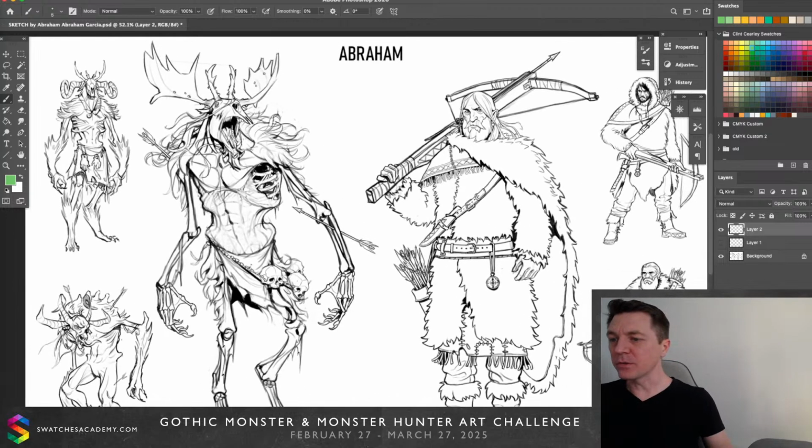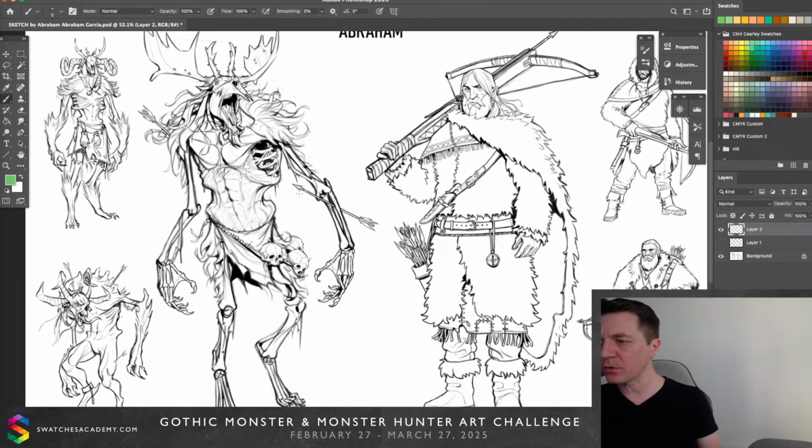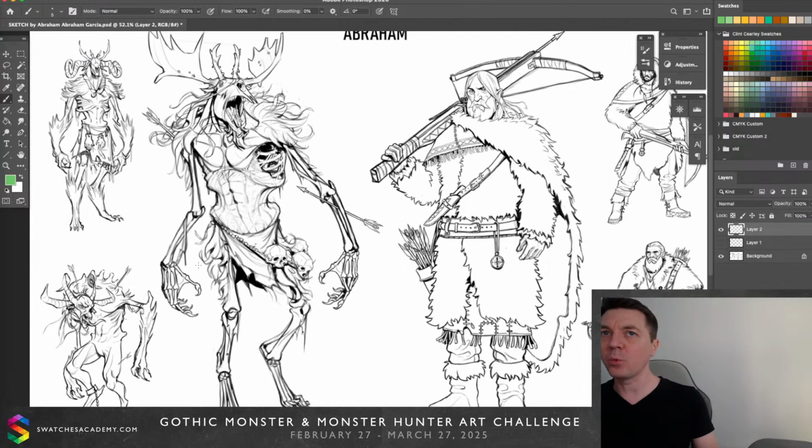Okay, so on this, the Wendigo is looking nice. The poses also, these two in particular, are working really well for that. If we were to do some work with the Wendigo, I would keep it fairly minor because it is already working well.